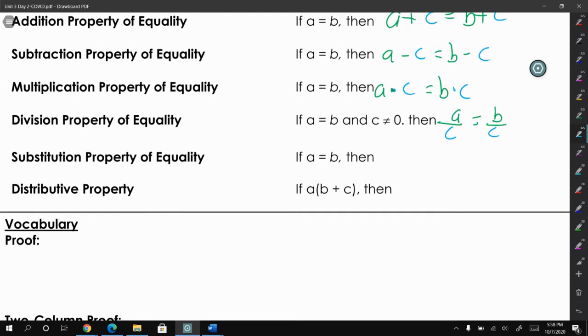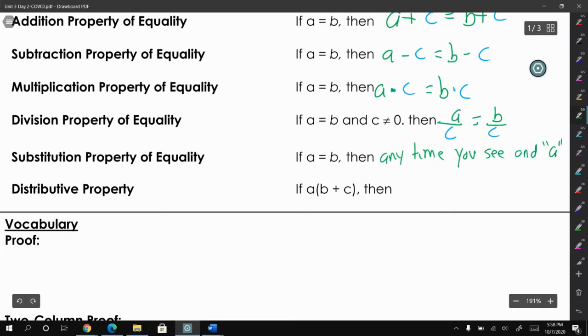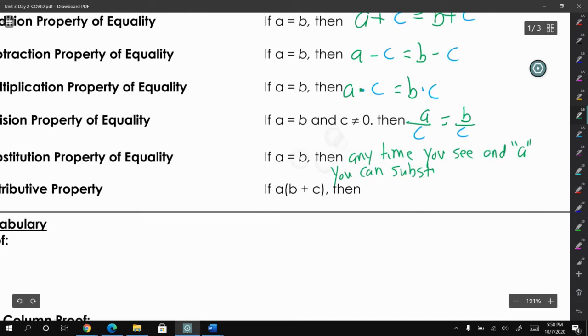Now the substitution property of equality, so if A equals B, that means anytime you see an A, you can substitute B for it.